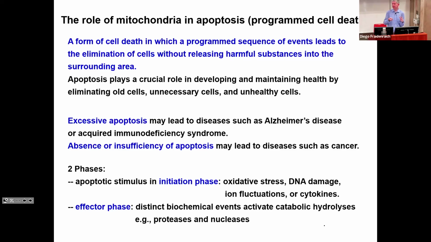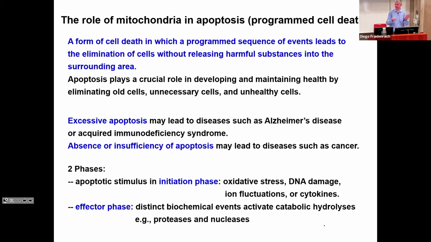It's called reactive oxygen species, or ROS, and those may interact with anything. They could interact with proteins, DNA, RNA, membranes, other compounds. So they cause a lot of damage if they are present in excessive amounts.